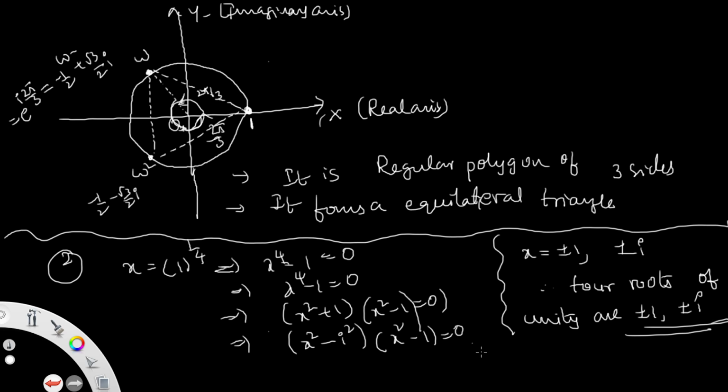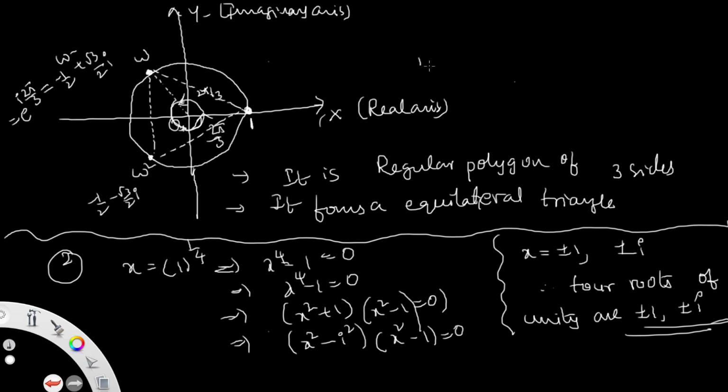Same thing we can draw in the Argand plane. This is the Argand plane. In the same way, we can denote these four roots of unity. This is the Argand plane because we take the x-axis as the real axis and the y-axis as the imaginary axis.